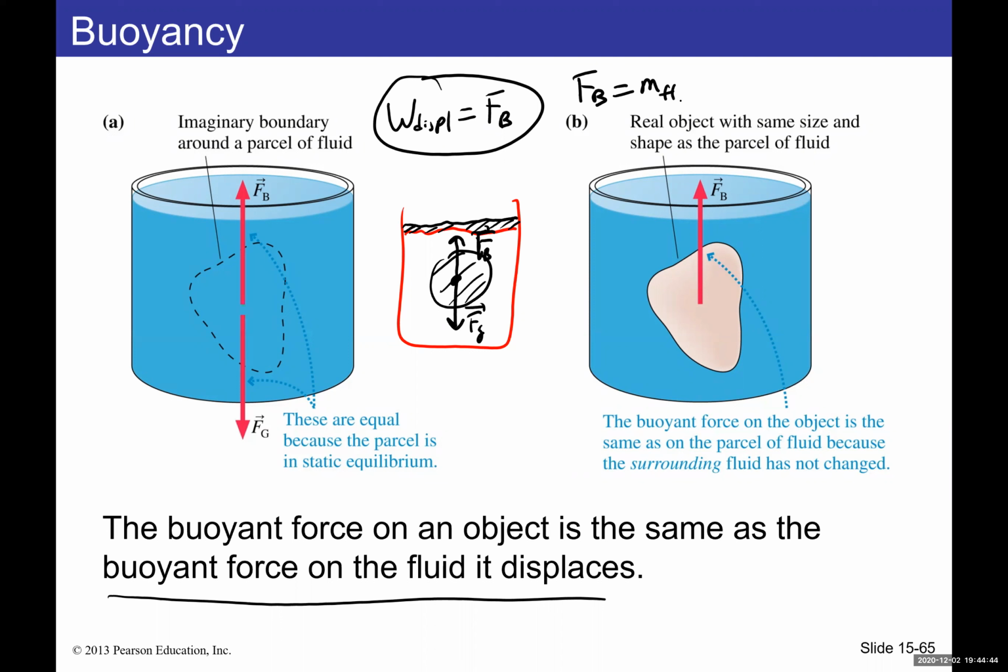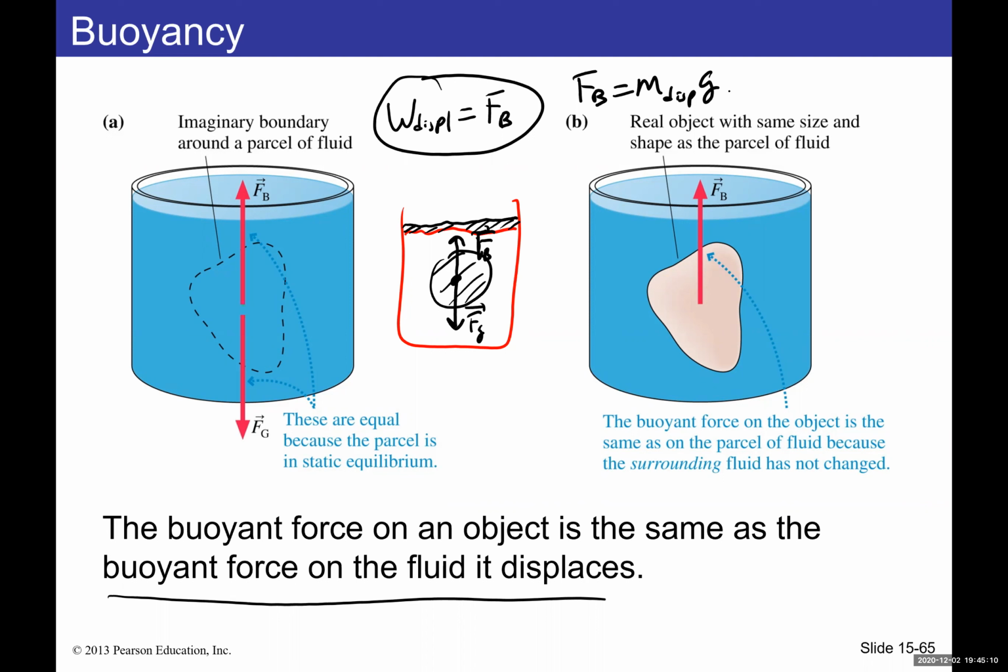the mass of the displaced fluid times g. Let me put just an M displaced like this, because it's not equal to the entire weight of the liquid, but just that small portion that has been displaced when you submerge the object into the water. So the buoyant force is the mass of the displaced fluid times g.